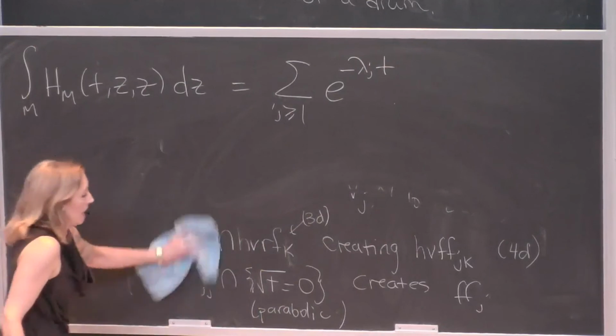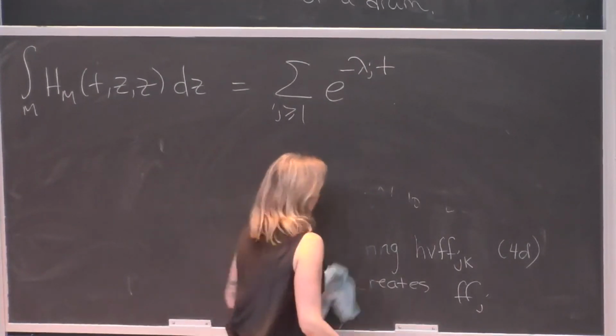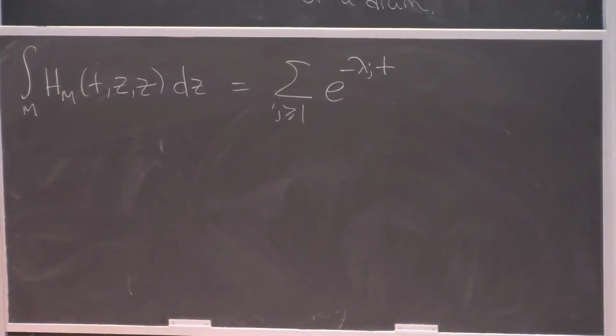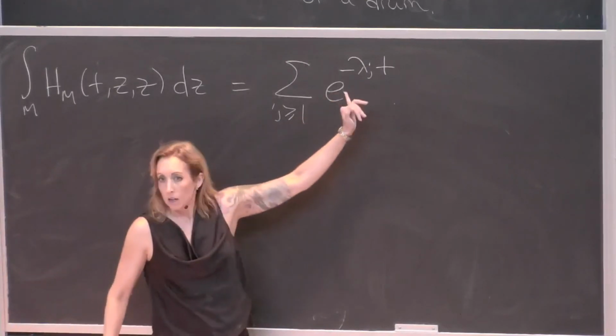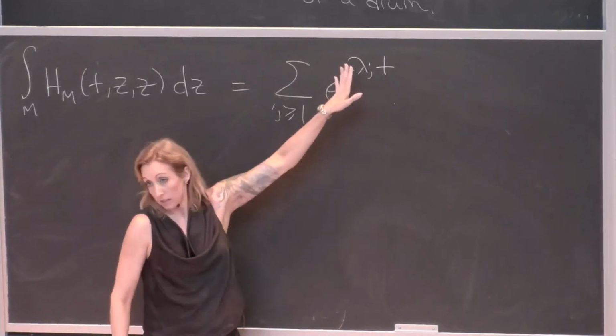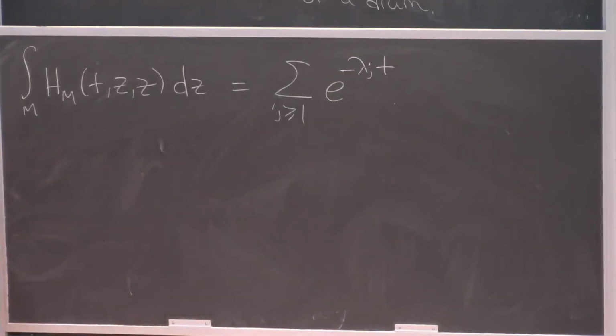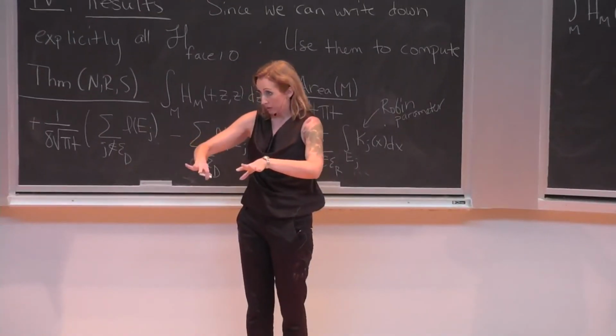And there's this awesome paper by Mark Kac called Can One Hear the Shape of a Drum? And he asked the question, if two domains in the plane have the same set of lambdas, analogous to these lambdas, those numbers are the same for the two domains, then are the two domains the same shape?